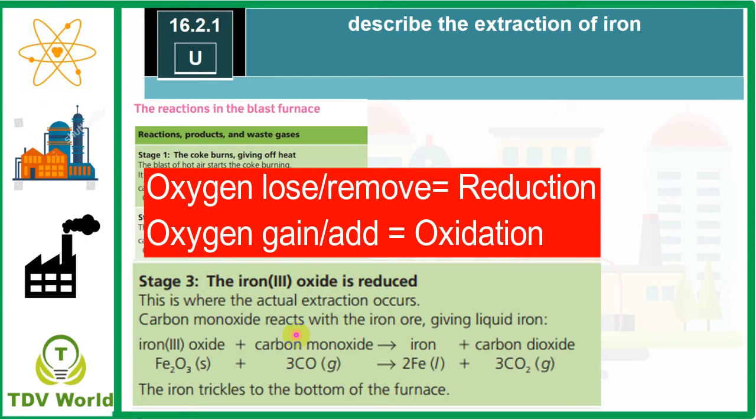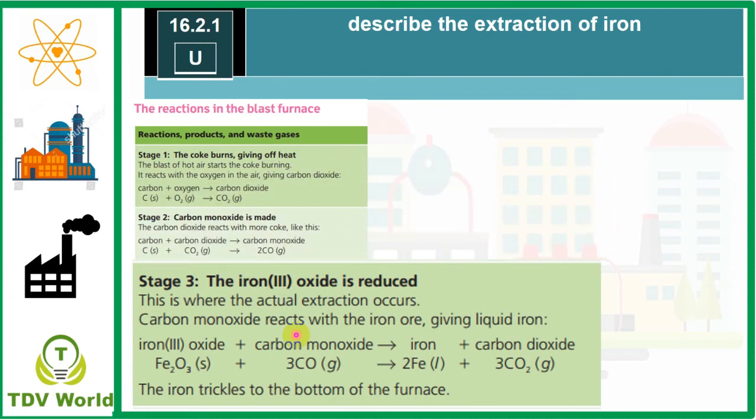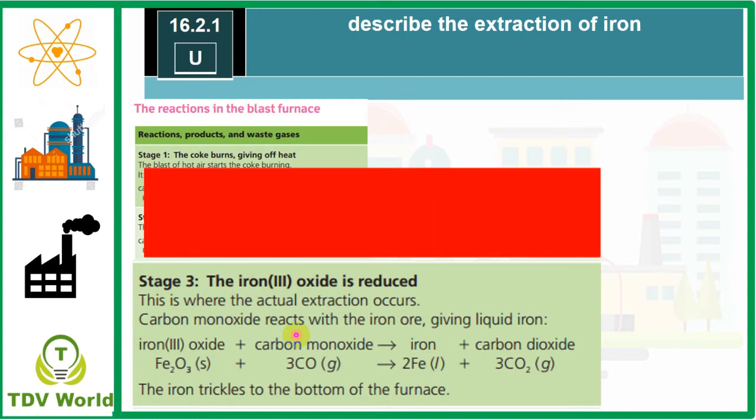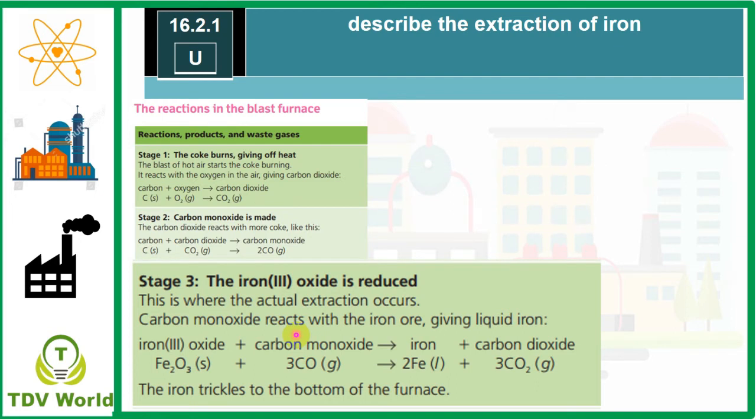Once carbon monoxide gains oxygen, then oxidation occurs. As per your grade 9 definition of oxidation and reduction, according to removal or addition of oxygen, the removal of oxygen is reduction and the addition of oxygen is oxidation.